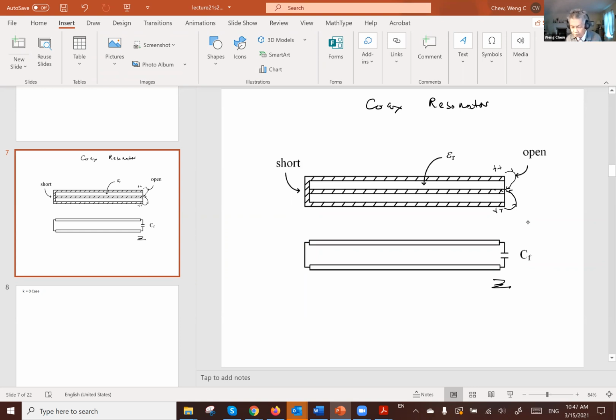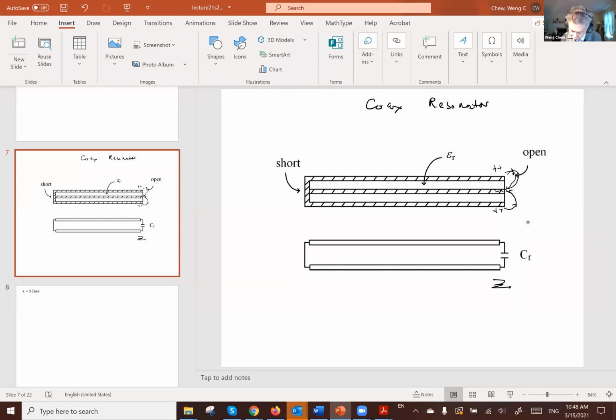Okay, if you were to make a transmission line resonator in this manner, the short is very much like a short, like the figure here as shown in this transmission line model. However, on the right-hand side, if you were to look at the electromagnetic field, because of this being open circuited, there will be positive charges accumulating at the end of the cable, and there will be negative charges at the other end.